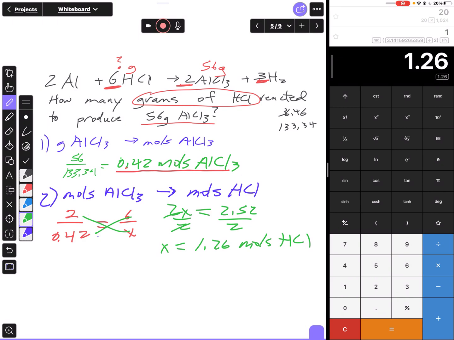But I can't quit because it wants the answer in grams. So then I'm simply going to convert 1.26 moles of HCl to grams. So I take 1.26, I have to multiply it by the molar mass of HCl. I've already calculated that. It is 36.46.